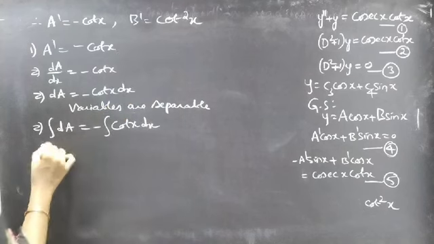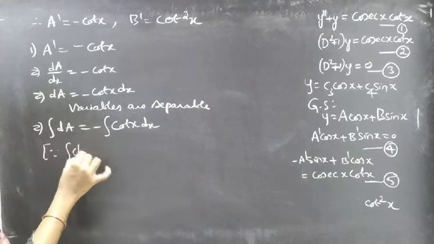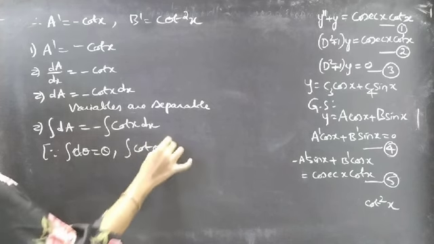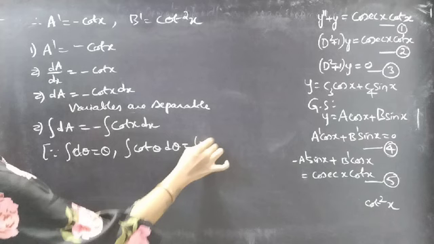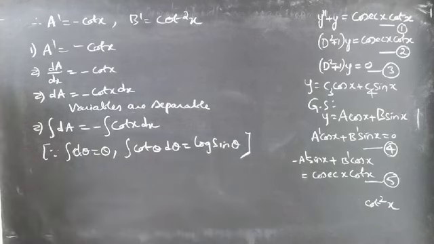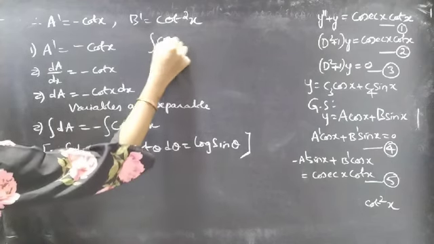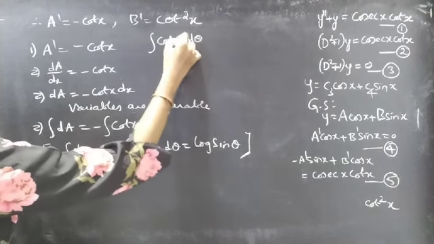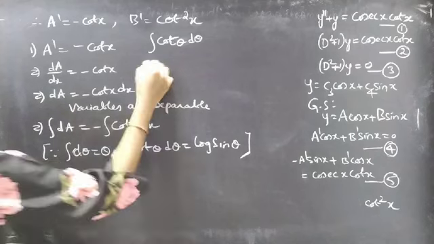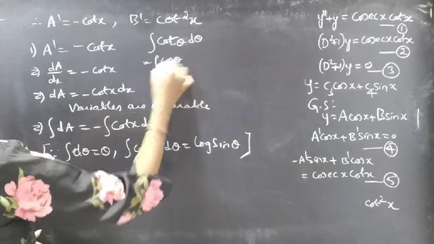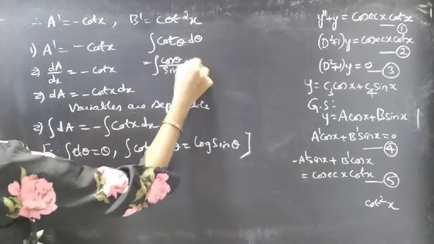Since we know that integral d theta equals theta and integral cot theta d theta equals log mod sin theta, or if you are not good at remembering formulas, we can just find integral cot theta d theta, since cot theta is cos theta by sin theta, right?